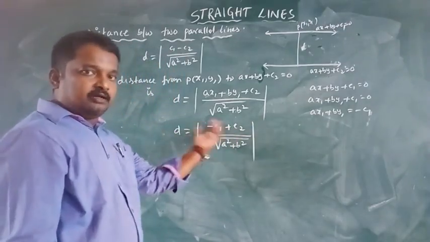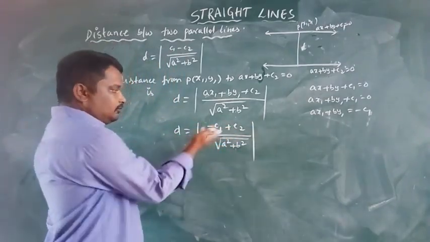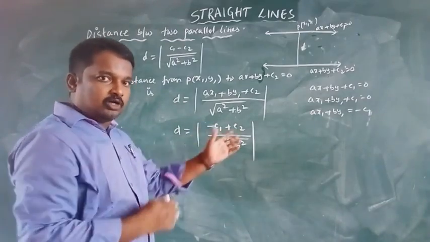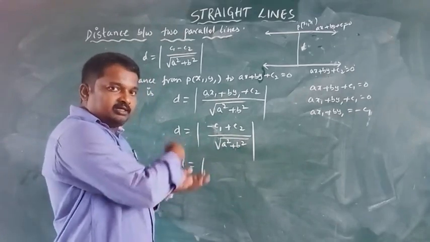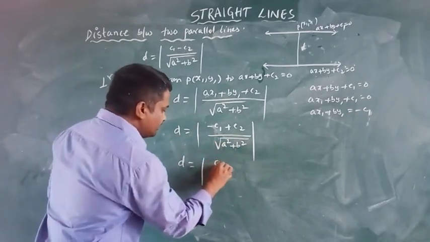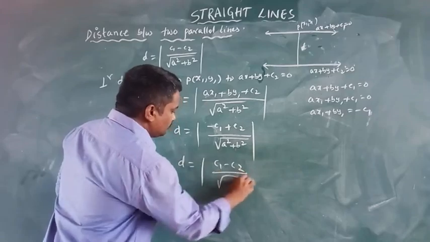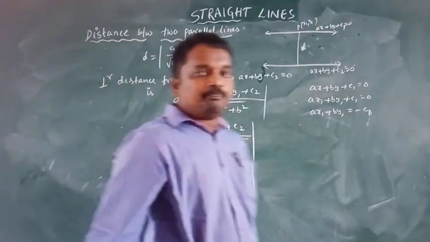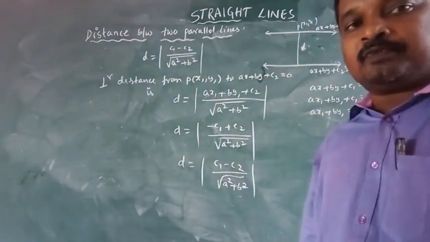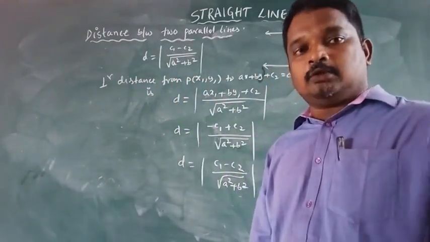For the modulus value, taking minus common, you may write c2 minus c1 by root over a square plus b square, which is also correct. Or we change that, taking minus common in positive manner, so we may write c1 minus c2 by root over a square plus b square. This is the perpendicular distance between two parallel lines.